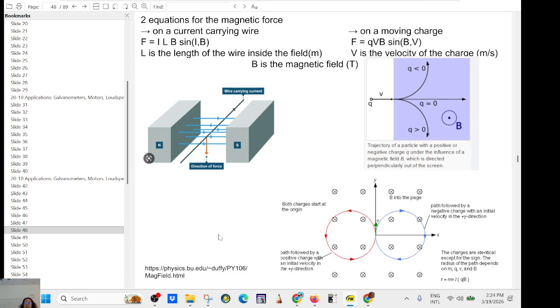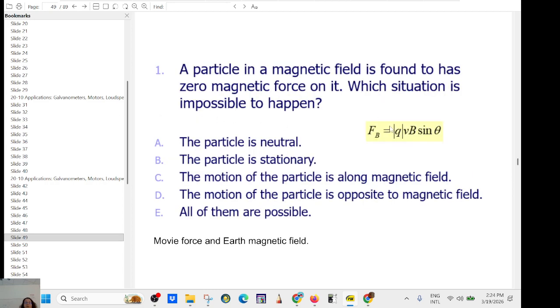So it's easy, right? You're just applying this equation. We did that last time. I should not have to review that again. Q times V times B times the sine of the angle between the velocity and B. So if V and B are parallel, no force. If V and B are anti-parallel, no force.